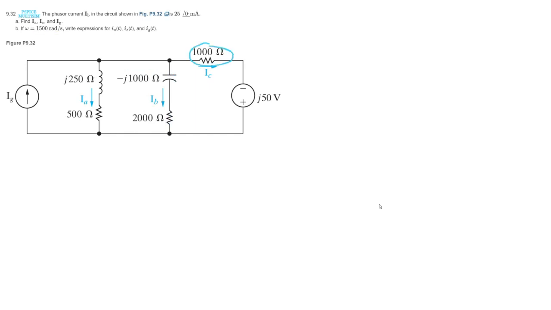We're just given these impedances, and we're going to find out what the currents IA, IC, and IG are. Now we're given that IB equals 25 milliamps with a phase angle of 0.